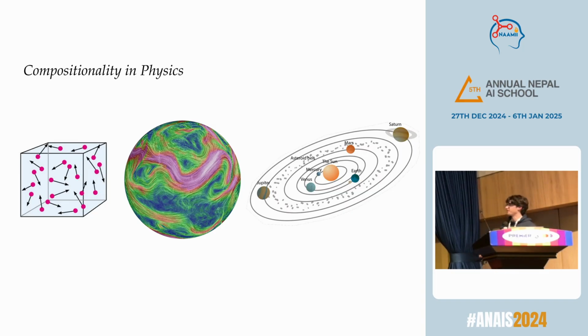We don't look at the kinetic energy or the trajectory of each particle. And when we are modeling the rotation of planets around the sun, we don't pay attention to the fluid flows on top of the Earth. We just model the planet as a point mass. So the takeaway is that we have this sense of compositionality and scale separation, in which we use different laws and different equations to model different phenomena at different scales.